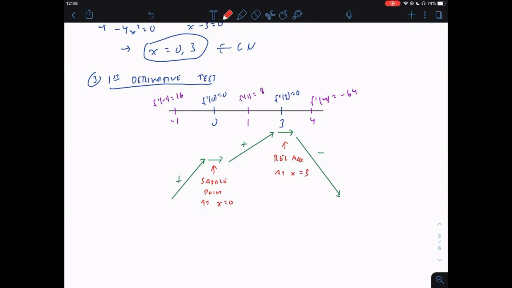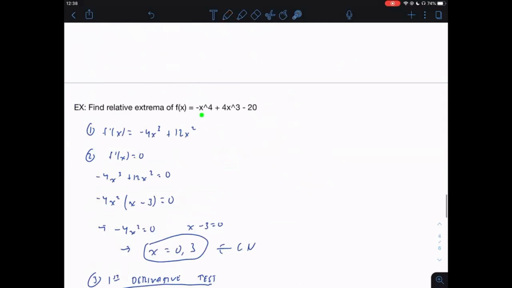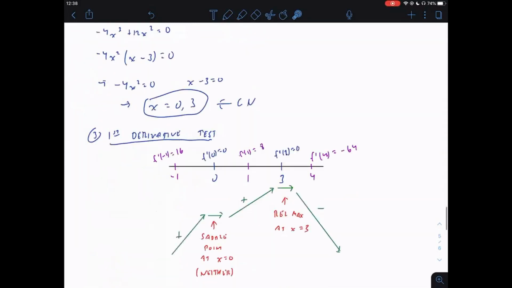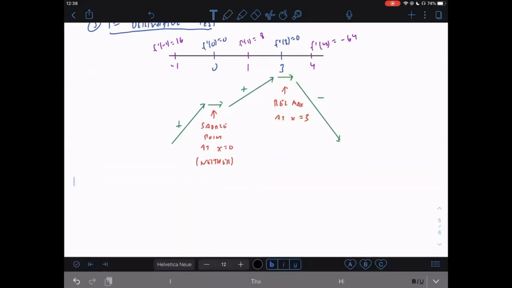Okay, so at x equals 0, we have a saddle point, meaning we have neither a max nor a min. Okay, not every critical number is going to give you a relative extrema. So in this case, for this function of x of negative x to the 4th plus 4x cubed minus 20, we only have one relative extrema, and that's a relative maximum.